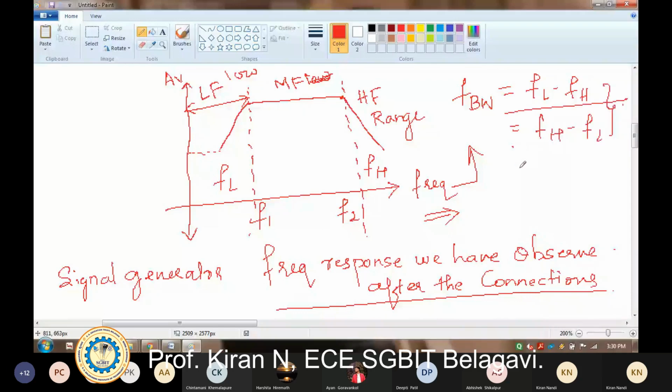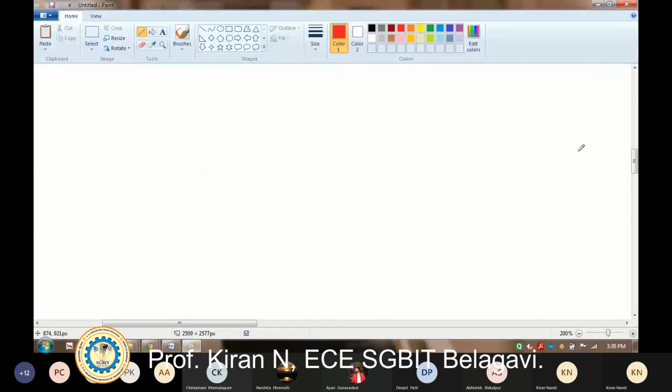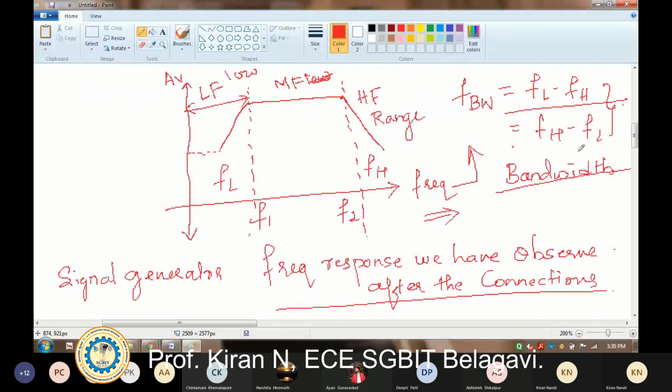If I take the difference here, then I'll get the perfect bandwidth at which the JFET is responding. This is what we have to observe there.